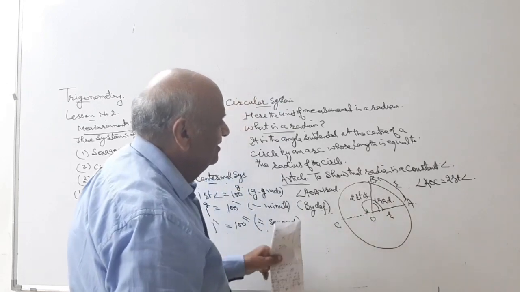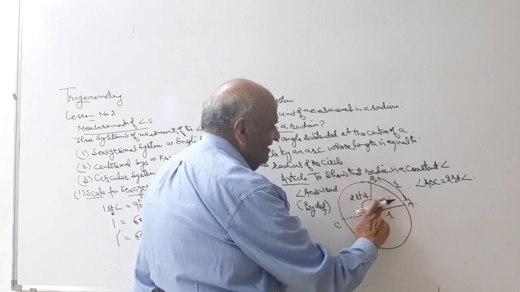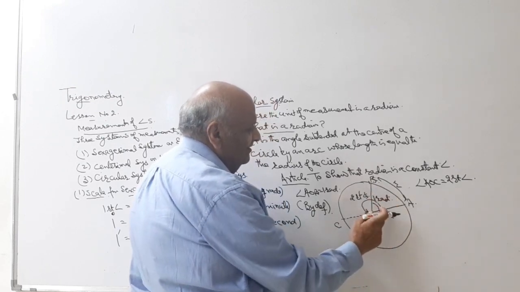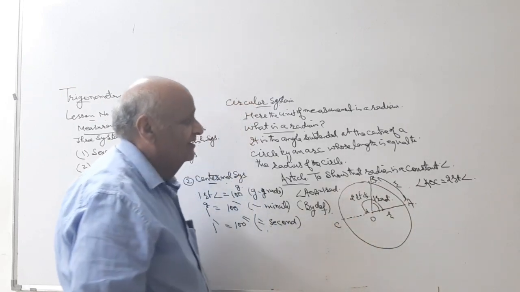And angle AOB is 1 radian. This angle, taken anti-clockwise, is 1 radian, and angle AOC is taken as 2 right angles.